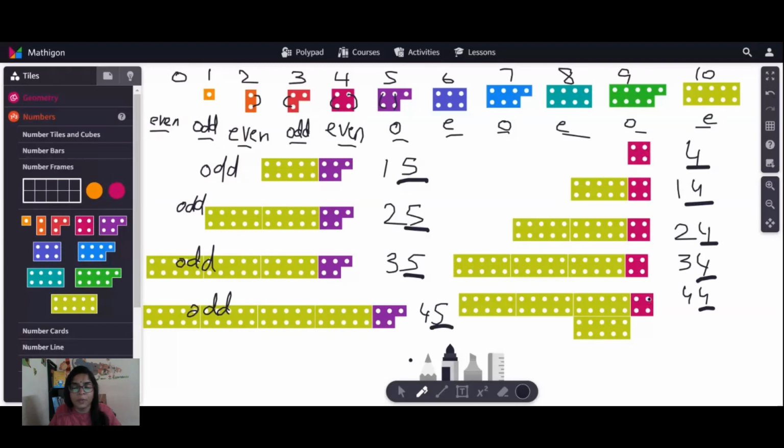And even the pictures, the pink color is the same, right? What is different? Yes, the yellow color blocks. How many yellow color blocks is there? That is different. And what digit is there in the tens place? That is different. Now, did you notice that everything was an even number? This is also even, this is also even, this is also even.